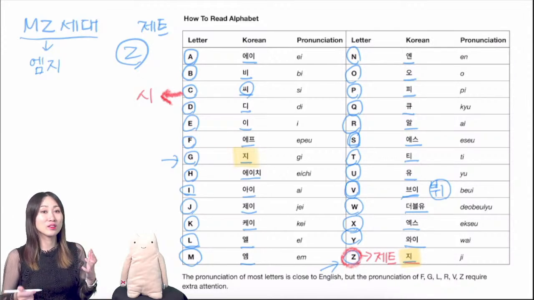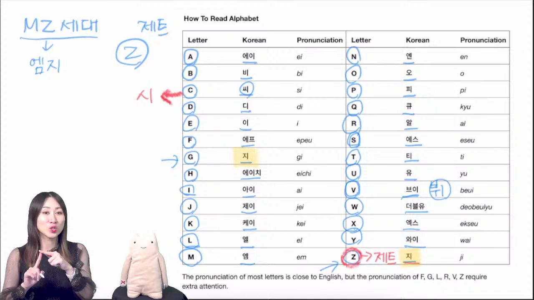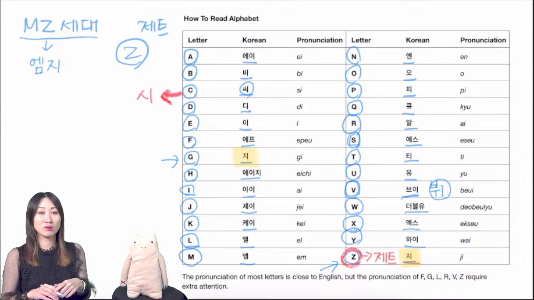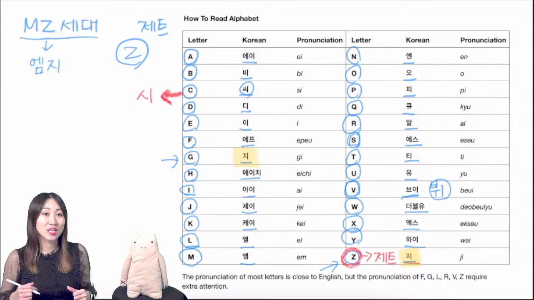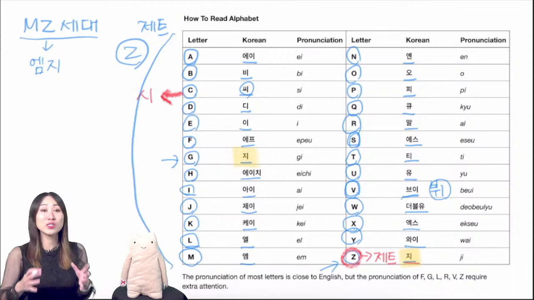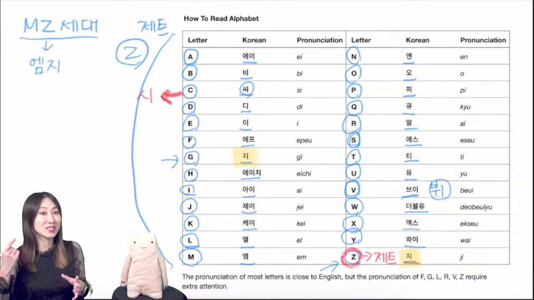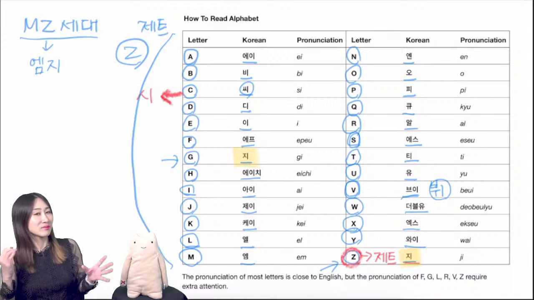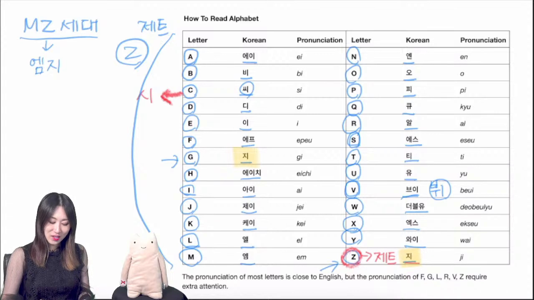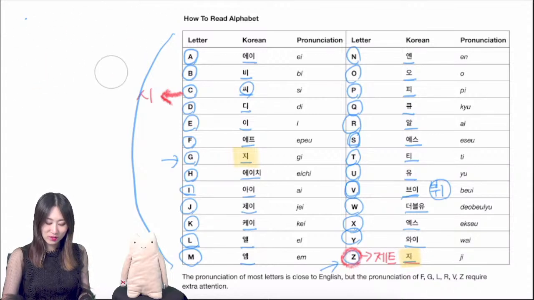But please know that there are a lot of Korean brands or stuff that include the Korean alphabet pronunciation, and Korean people pronounce them in this way. So if you don't understand this, you wouldn't understand what Korean people are saying. And also, for example, the important thing.